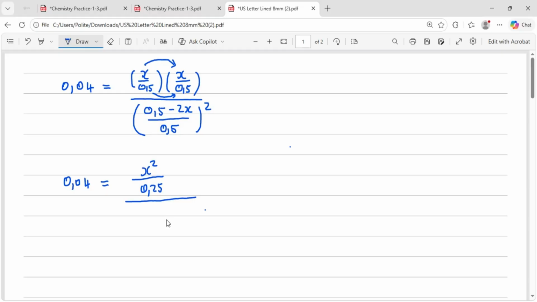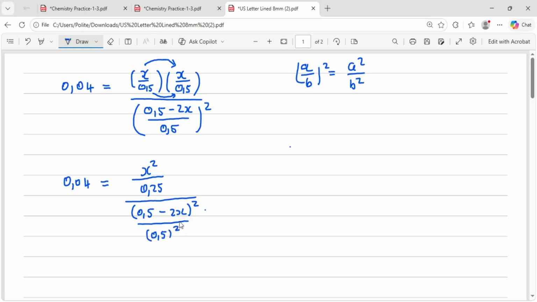Okay, so when I have this type of question, I'm gonna leave the top part to be squared. I'm gonna remember, if I have a over b and everything squared, we can write this as a squared over b squared. So now I can say this is (0.5 minus 2x) squared in the numerator, then we also have to square 0.5.